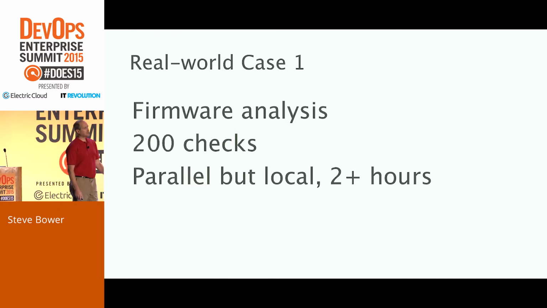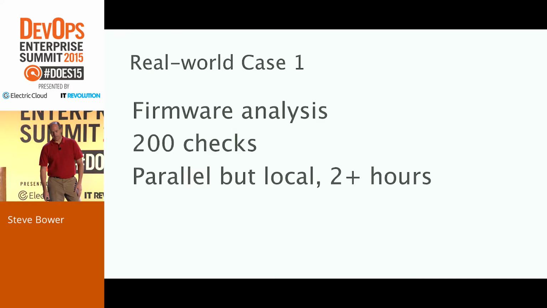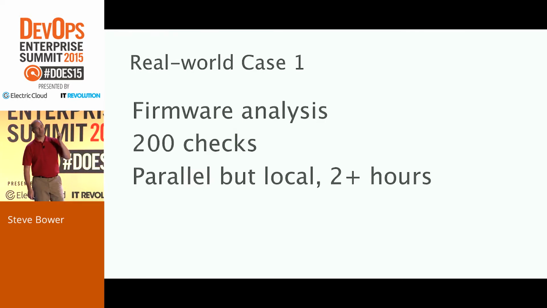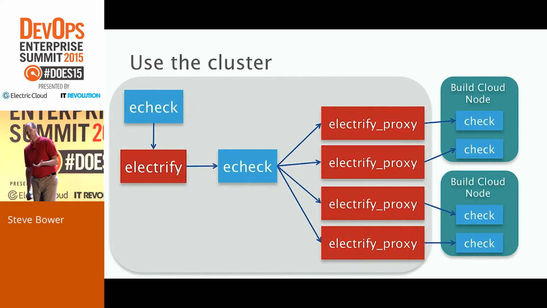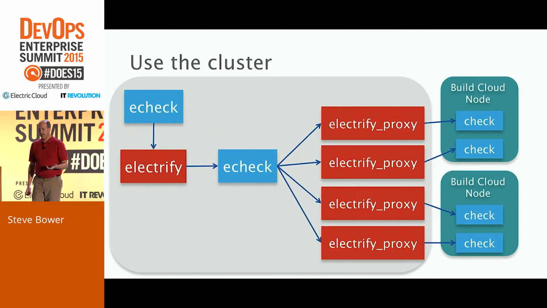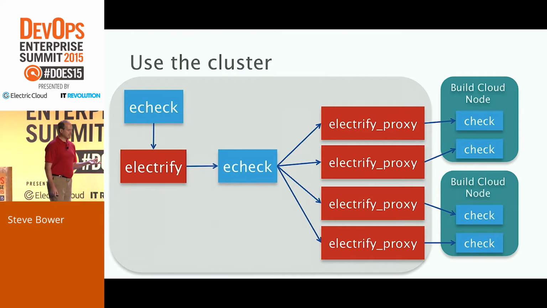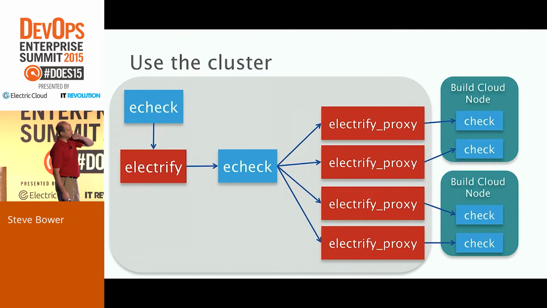And we're talking on the phone, and I said, hey Jerry, guess what I have in my back pocket right here? We've got Electrify. So we did some experimentation, and his script that does this parallelization is called echeck. And so the way he figured out to get this working under Electrify is he had echeck call Electrify and told it to call echeck itself again.